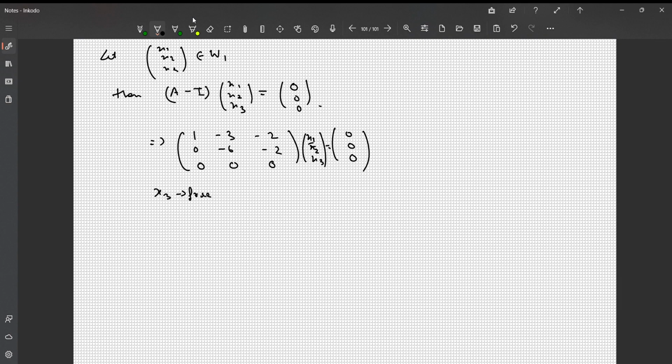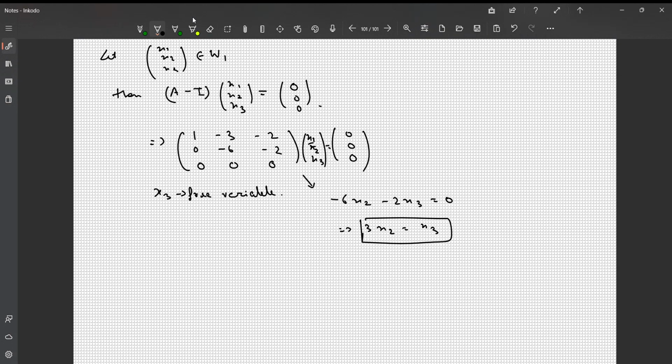So from here it's obvious that x3 is a free variable, because the third column has no pivot. So we need to just find the values of x2 and x1 with respect to x3. What are the conditions we have up here? Notice that minus 6x2 minus 2x3 is equal to 0, but that implies 3x2 is equal to minus x3.